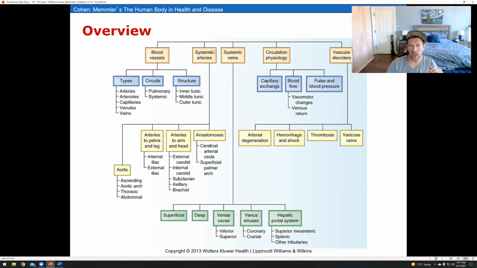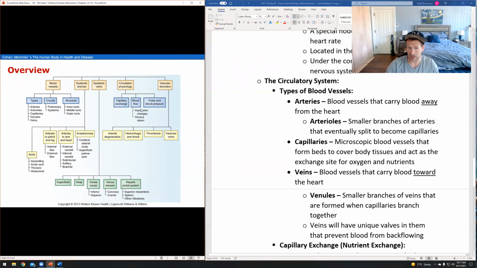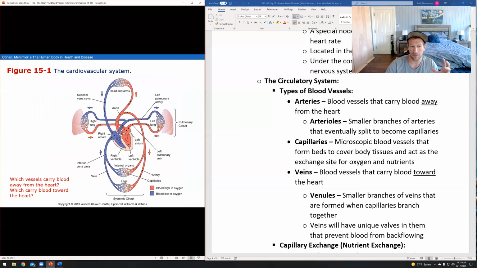And honestly, that's pretty much the big thing we're going to talk about. We will talk about the blood pressure, how much pressure is in these blood vessels, but for the most part, we just want to memorize what these vessels are and what direction they're traveling in. So your vascular system, your circulatory system, your blood vessels are this closed circuit of tubes, right?